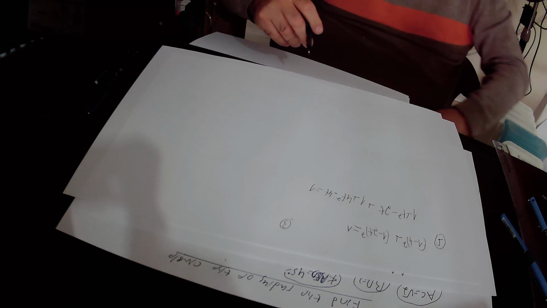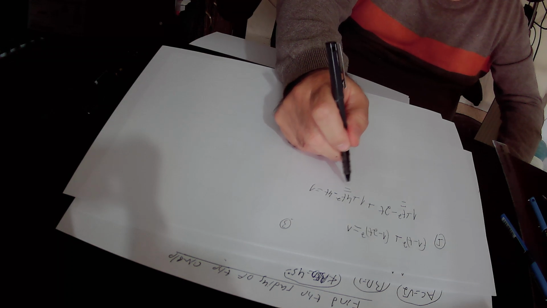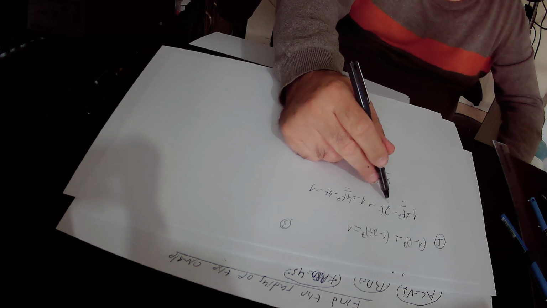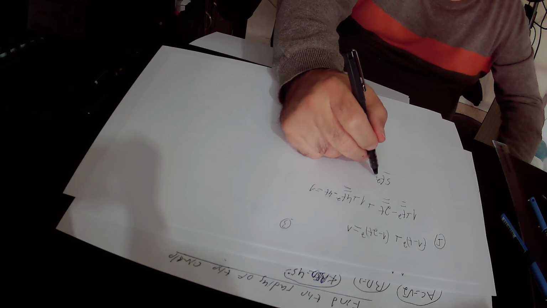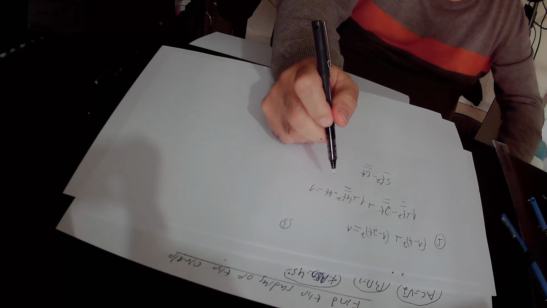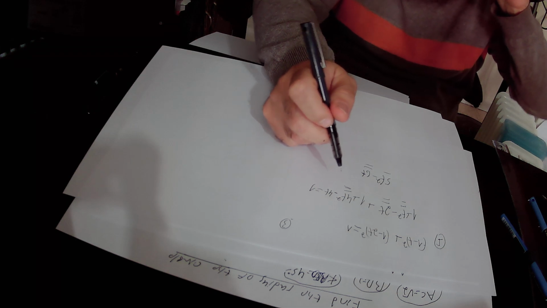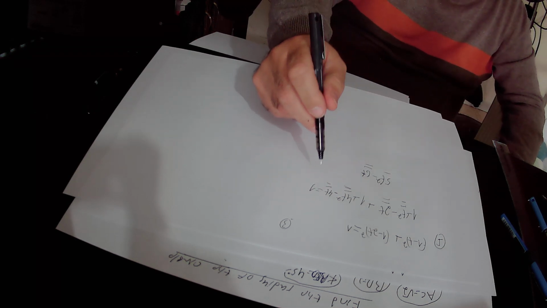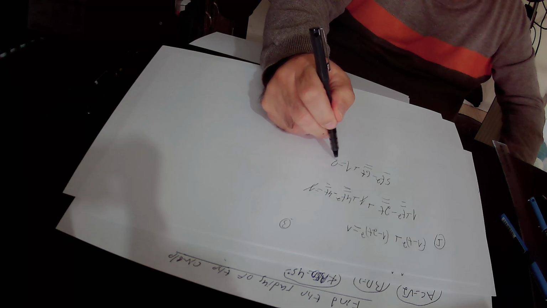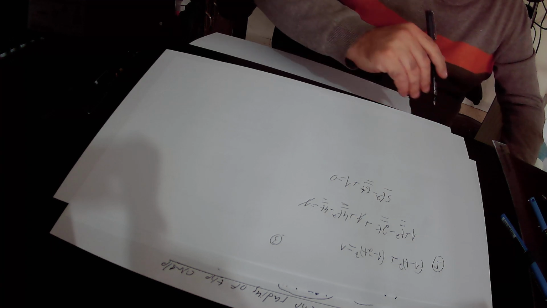Okay, so here we have t squared plus 4t squared is 5t squared, and minus 2t minus 4t is minus 6t, and we'll subtract 1 from this equation, so we are left only with 1 equals 0. So 5t squared minus 6t plus 1 equals 0.